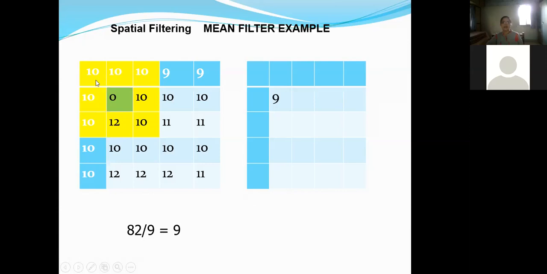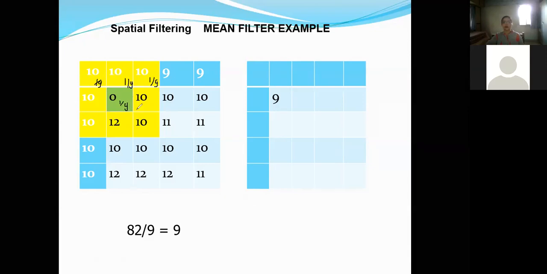What we need to do is multiply the filter coefficients. Here the filter coefficients are 1/9 at all the locations indicated by yellow color, and the central location indicated by green color. So all these filter values are 1/9.